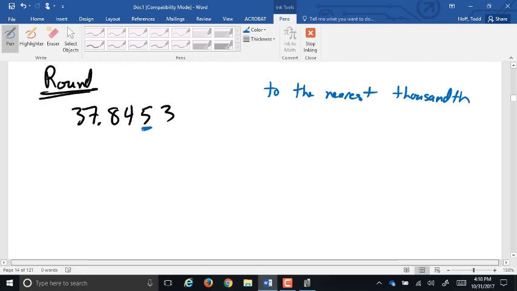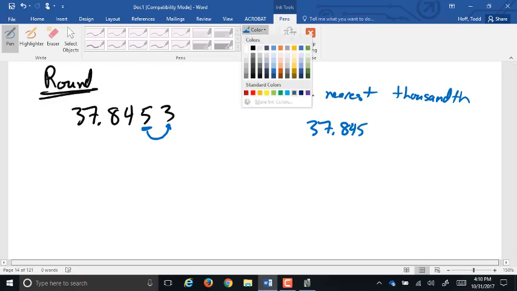The 5. So there's our thousandths place. We look at the next digit and only the next digit, the 3. Does that tell us, do we stay the same or do we round up? We stay the same. So that's 37.845.